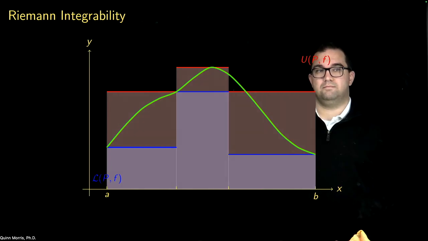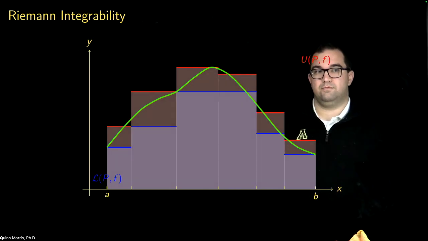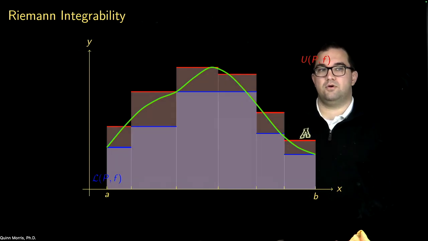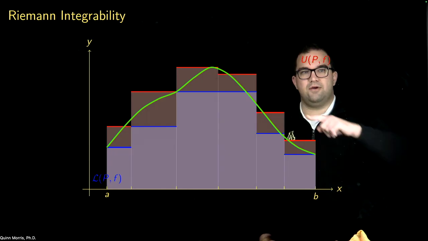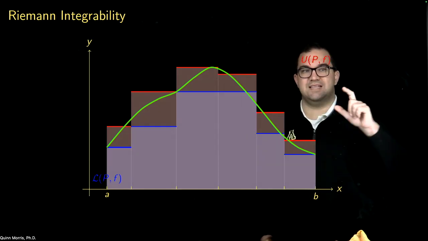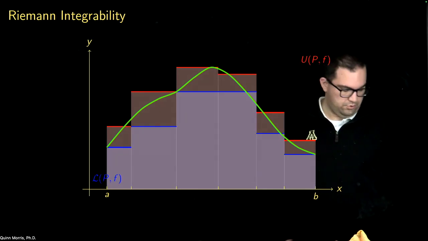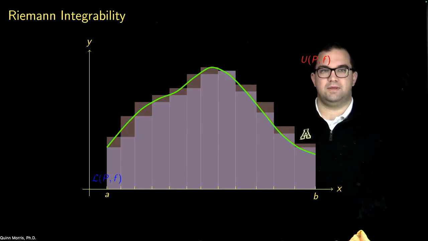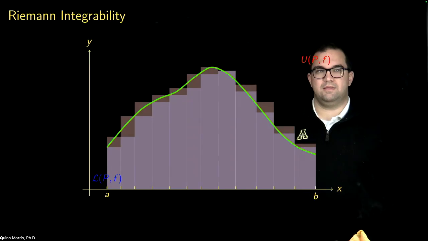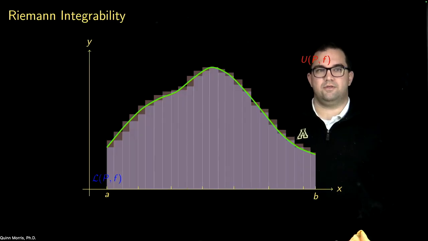The upper sum has gone down. But notice also that their values are getting closer and closer together. You can realize these areas in between as the difference between the upper and lower Darboux sum. That's gotten smaller. And again, if I take another refinement, those values are getting closer together. Another refinement, those values are getting closer together.